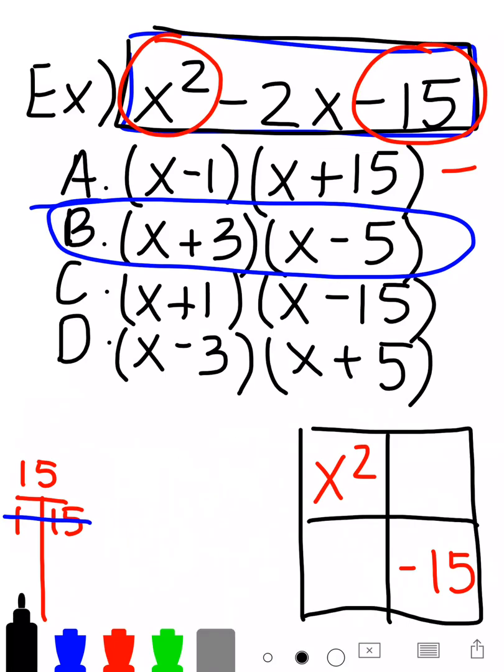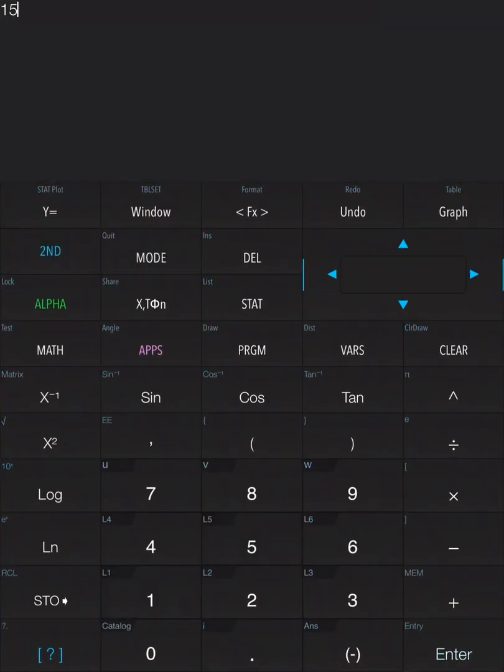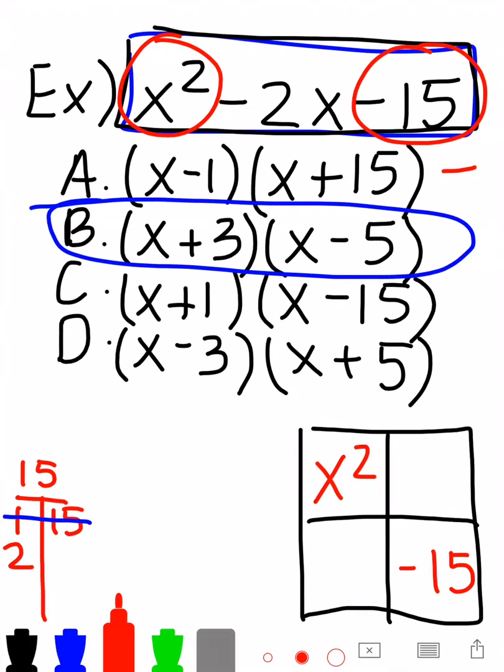Now you want to go to number 2. Well, will anything times 2 give you 15? Probably not, but you can check that by going to your calculator here and doing 15 divided by 2. If you get a decimal, in this case we do 7.5, that means that it's not a factor. Remember, it must be a whole integer for it to be a factor.